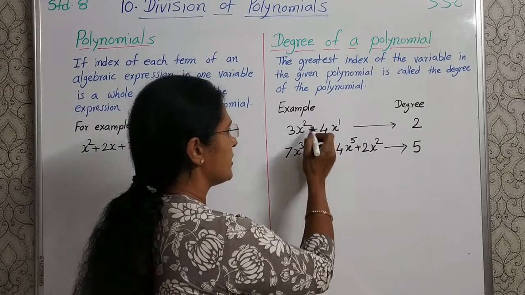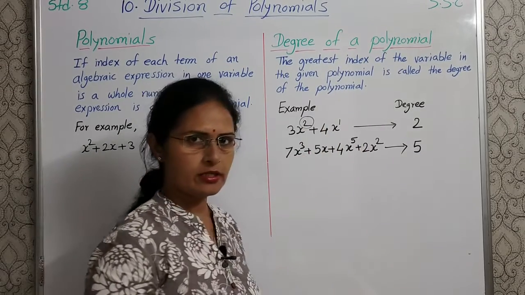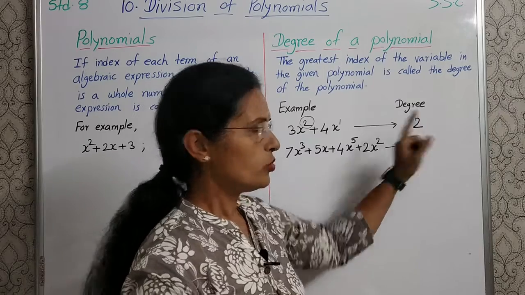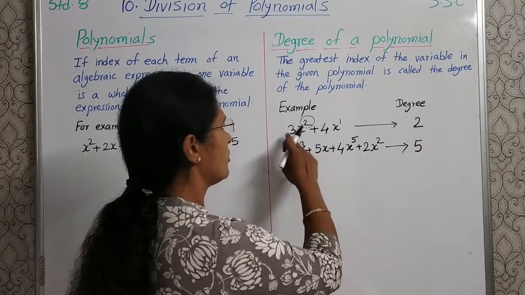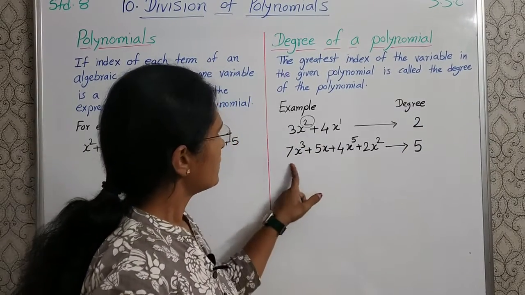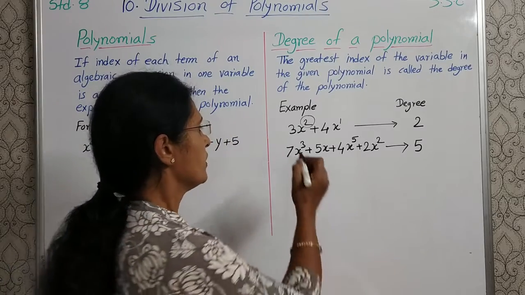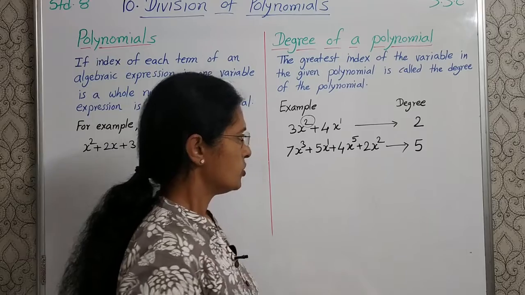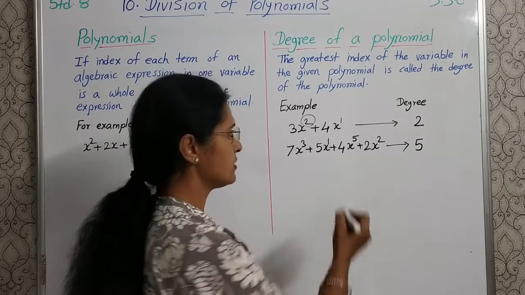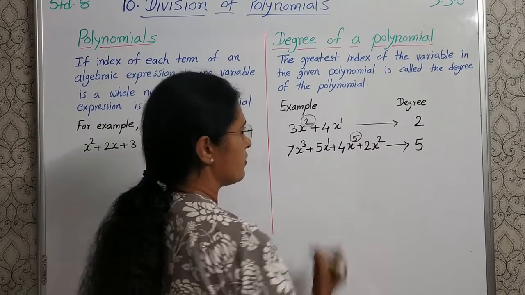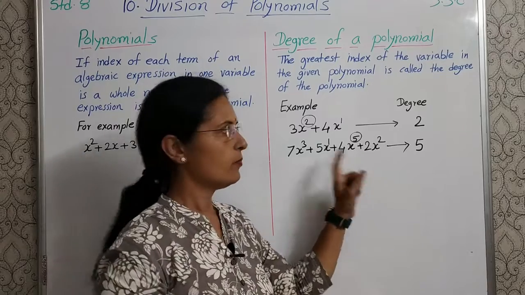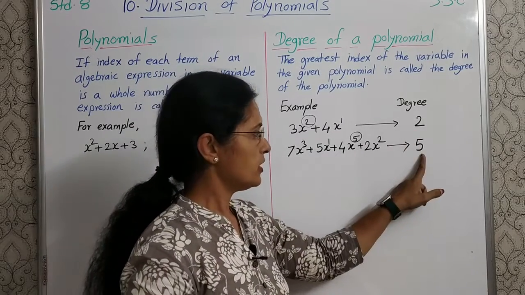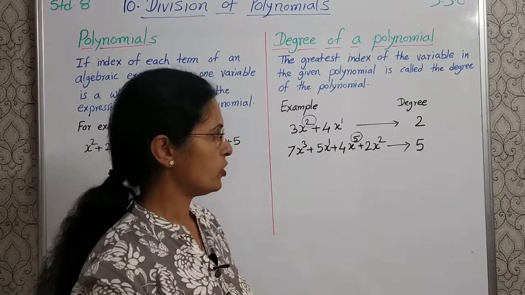Which is the greatest index? 2 is the greatest index, and therefore 2 is the degree for this polynomial. In the next polynomial, here the index is 3, here 1, here 5, here 2. So which is the greatest index? The greatest index is 5 in this polynomial, and therefore the degree is 5 for this polynomial.